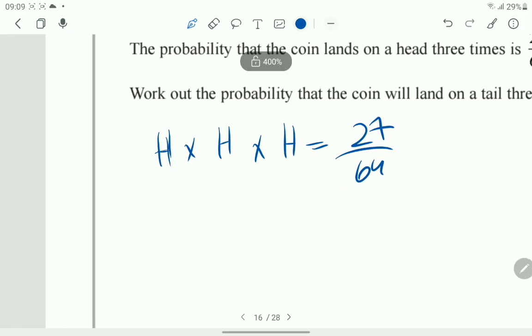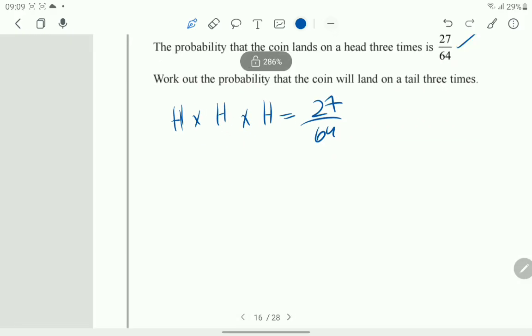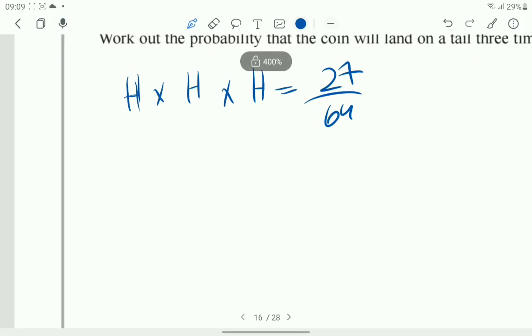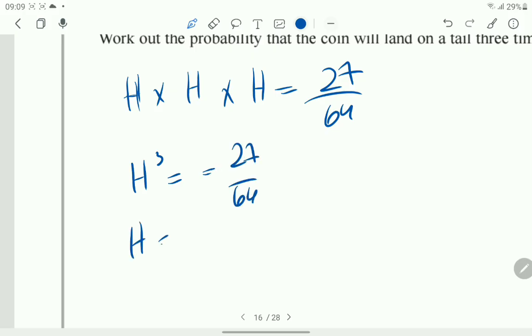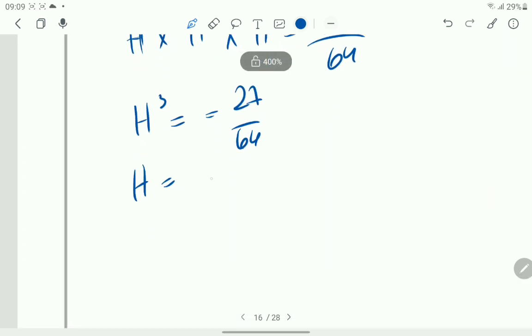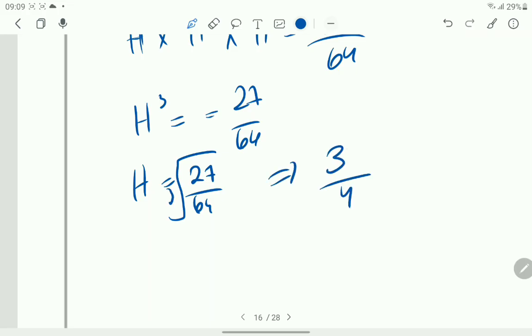So the probability of heads as an outcome is multiplied 3 times with itself to get 27 by 64. So we can rewrite it as h cubed equals 27 by 64, and the probability of head coming on a single spin is the cube root of 27 by 64, which gives us 3 by 4.